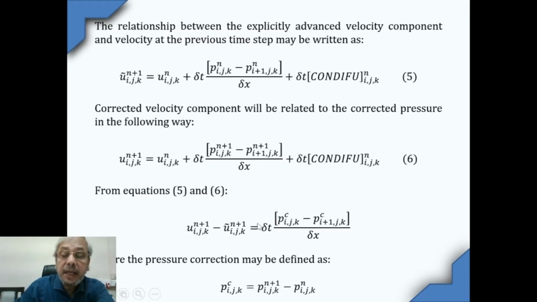So we can establish this relationship, and we have exactly repeated that. Pijk at n plus 1 level minus Pijk at n is Pijkc, and they are related: pressure correction at Pijk minus pressure correction at Pi plus 1 Jk.